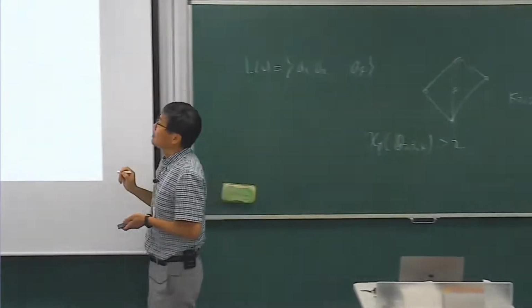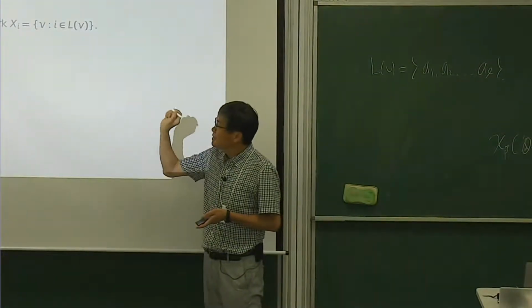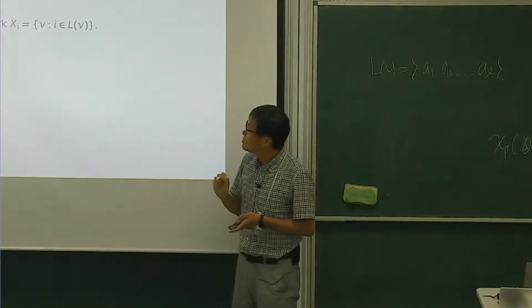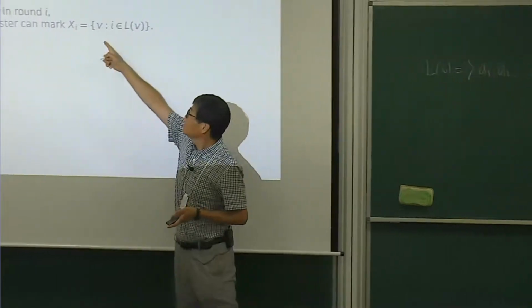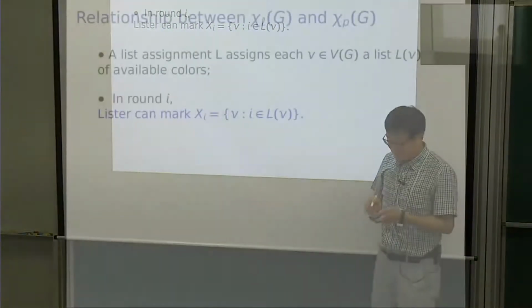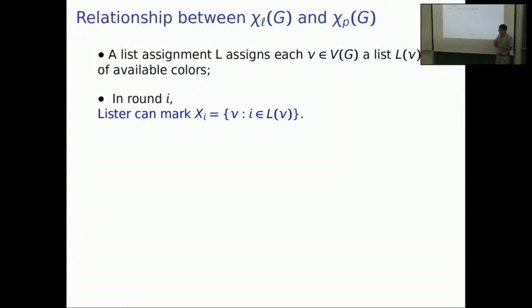And then if the lister presents according to this rule, then it becomes just list coloring.